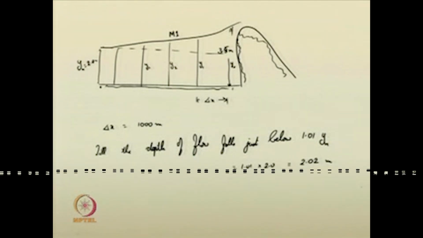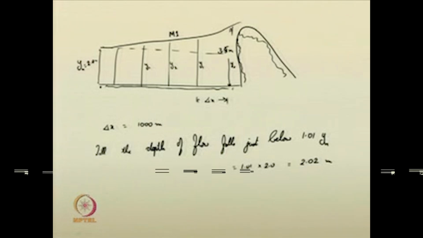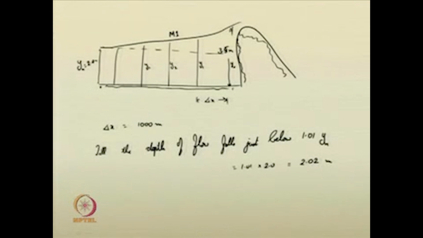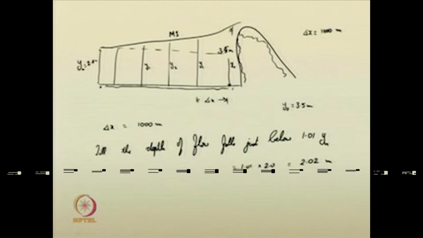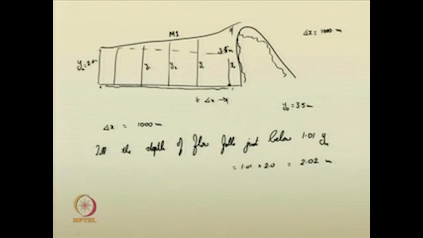So, how will you compute the flow profile? Start the computation. I will just show from the figure. Start from y 0 is equal to 3.5 meter. You have del x is equal to 1000 meter. So, in the first computation, what we have to do?